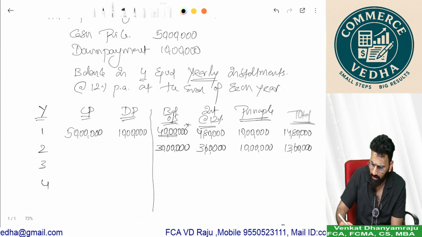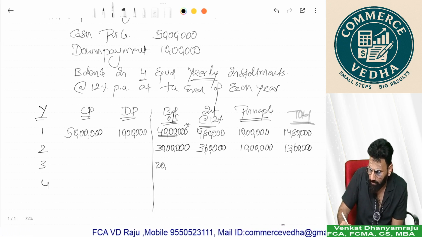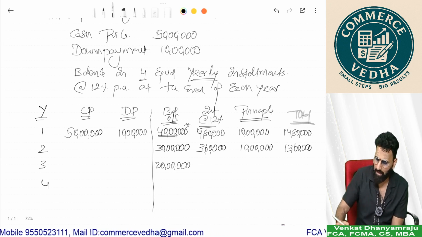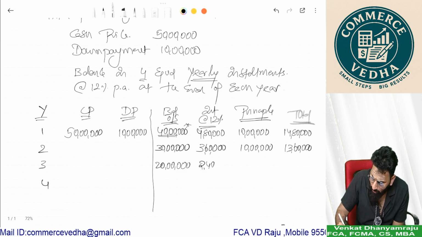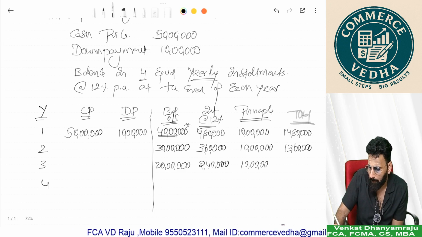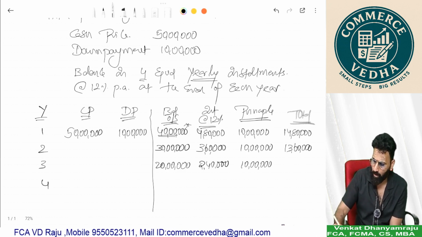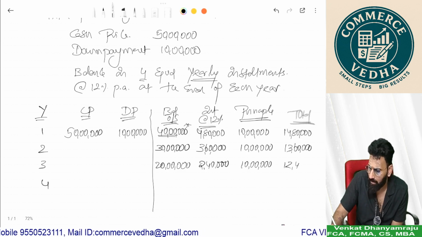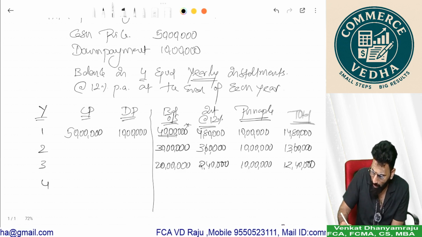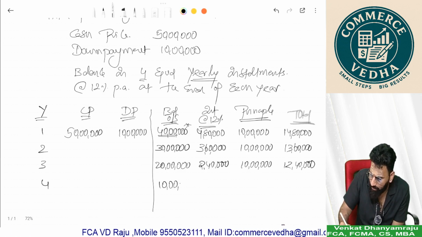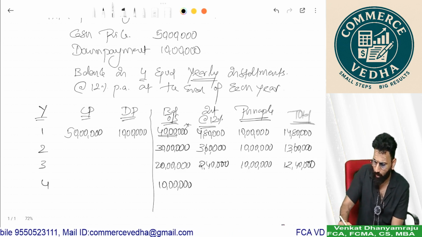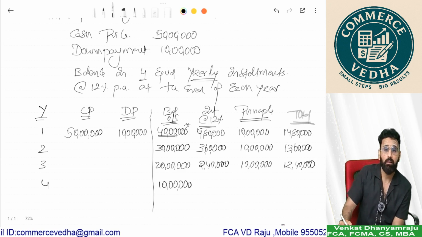And the third year your outstanding is 20 lakhs. On 20 lakhs again you have to pay interest of 2,40,000, 12%, and principal EMI of 10, and then total EMI 12,40,000. And at the beginning of fourth year your due is 10 lakhs, because 40 minus 10, 30, 30 minus 10, 20, 20 minus 10, 10.